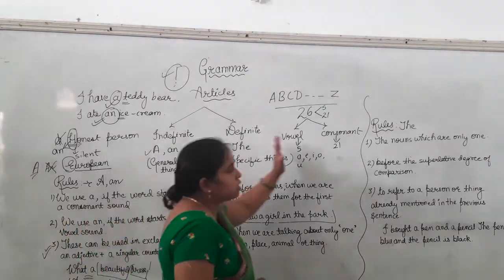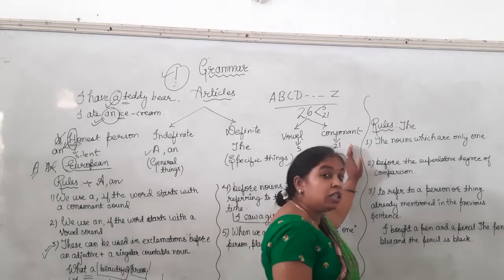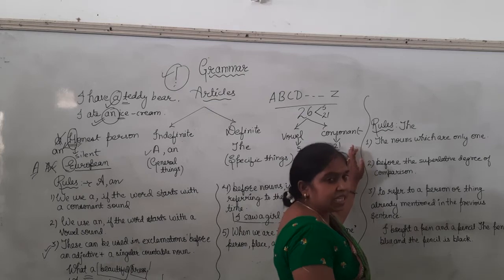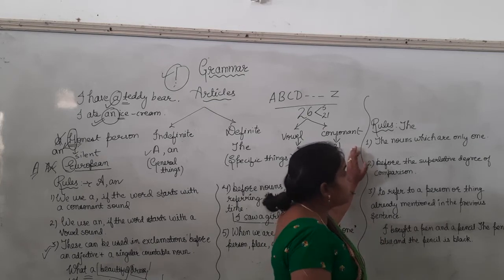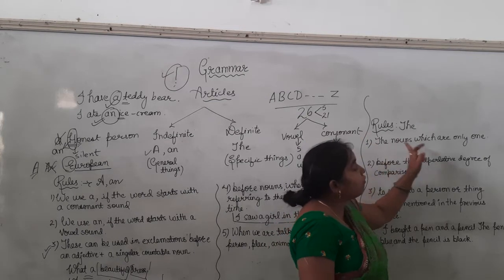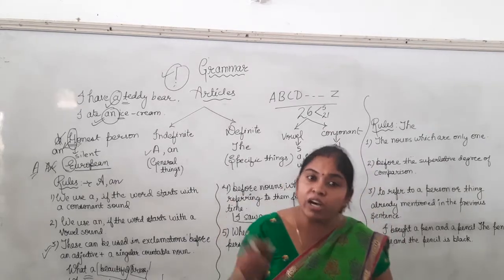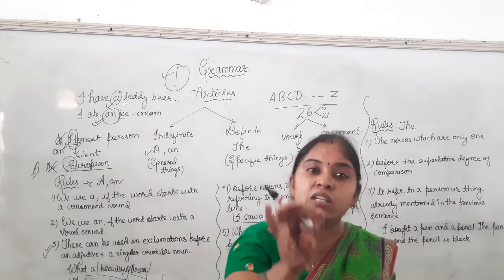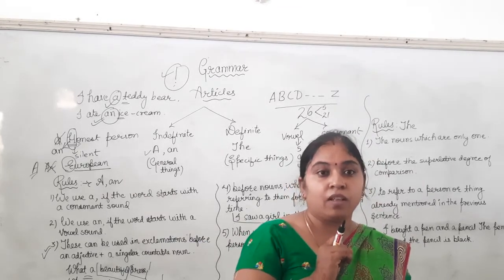Now next rules are of article "the", where we use the article "the" in a sentence, in a paragraph. So the first rule is, the nouns which are only one, before that noun we use the article "the".